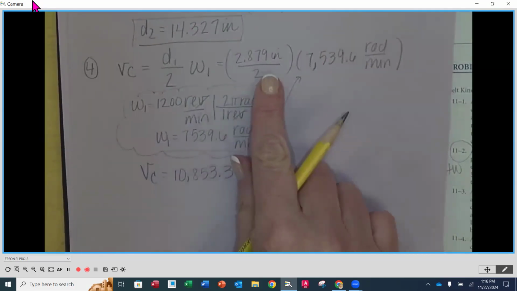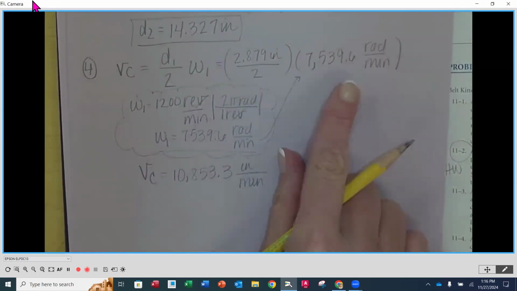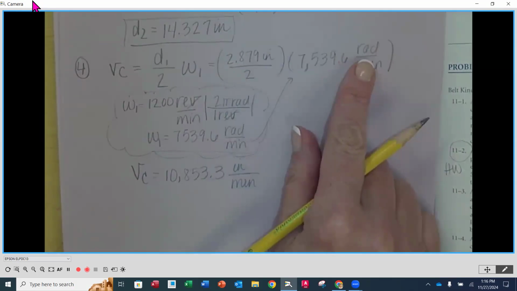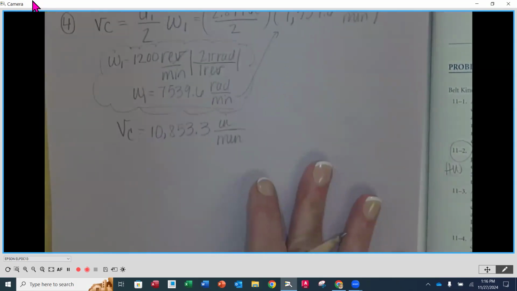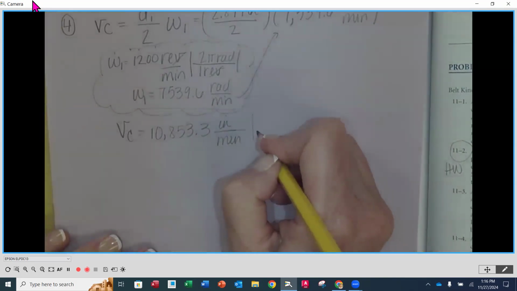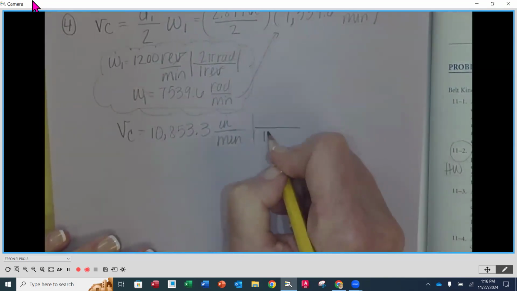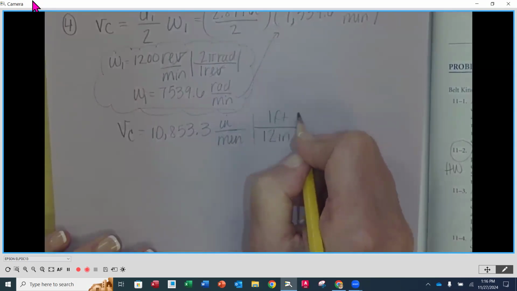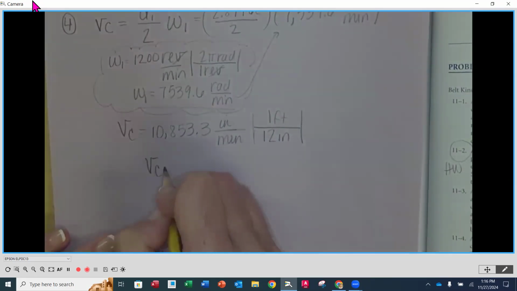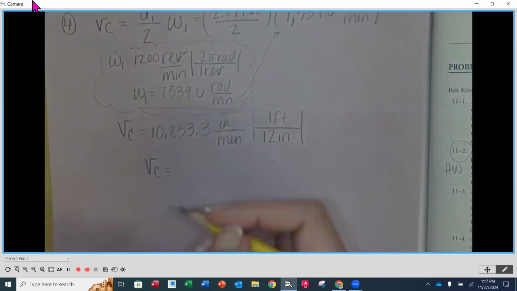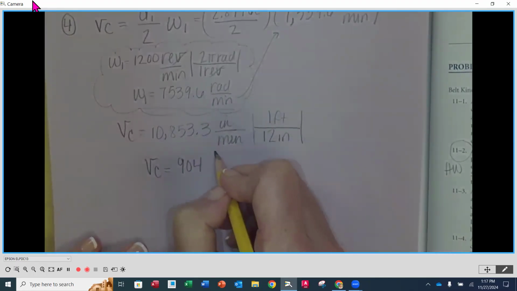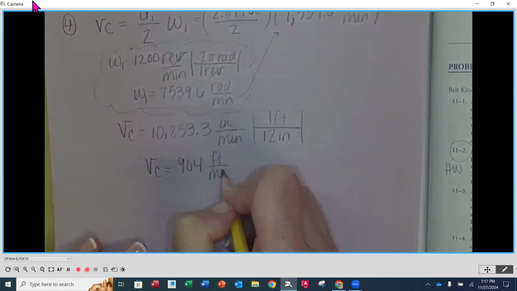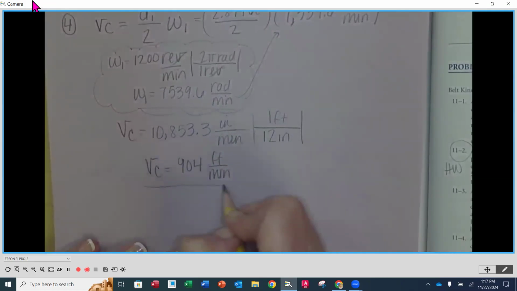Because this is in inches, radians times inches, radians drops out, so it's going to be inches per minute. And I want to get this into feet per minute. So there's 12 inches in 1 foot. So my VC value should be 904 feet per minute, or you can put FPM.